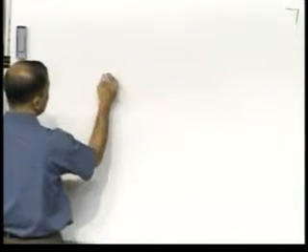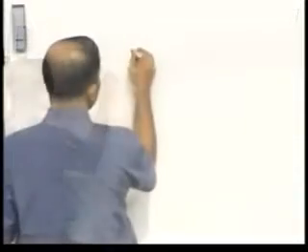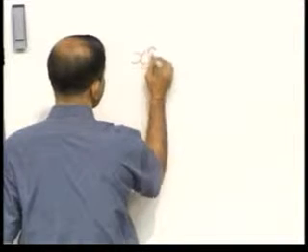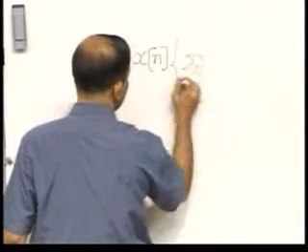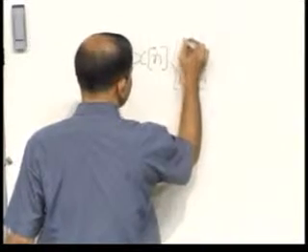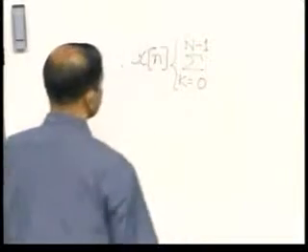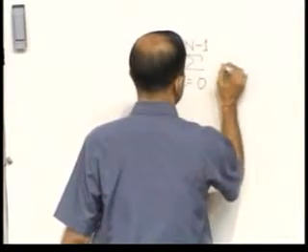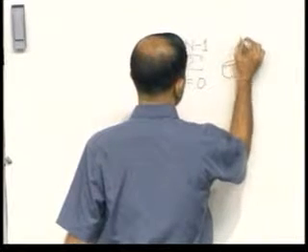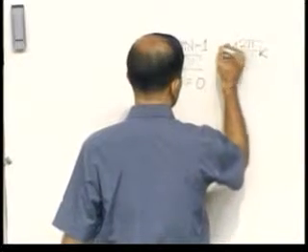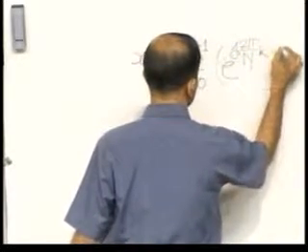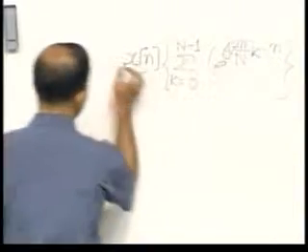So in general, now he's already given the answer. When we decimate by n, the first step is to multiply x[n] by the following sum: summation k going from 0 to n minus 1, e raised to the power j 2 pi by n k, the whole raised to the n, and divide by n.